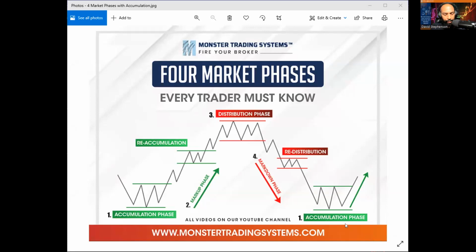Here to the right, we've added the accumulation phase. What's different with this chart compared to the other 4 market phases chart? I've been talking to so many traders, and we're still learning everything, but we need to fine tune our entries.